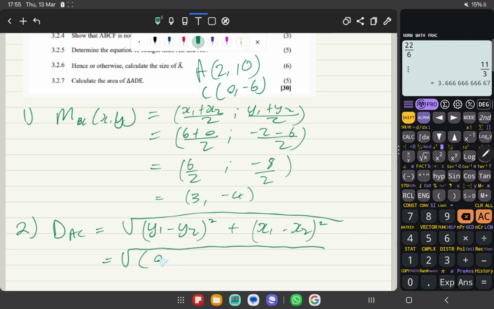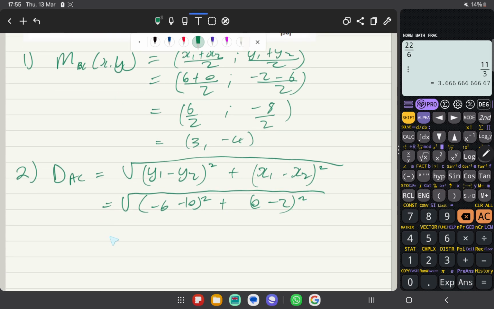So I have minus 6 minus 0 squared... no, that's not 0, that's 10. So it's minus 6 minus 10, and then it's 0 minus 2, squared.